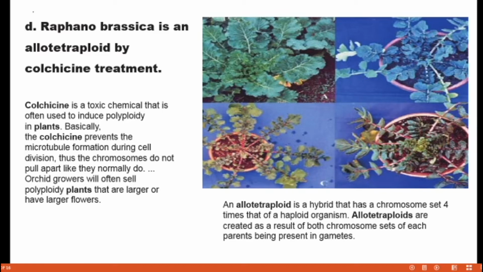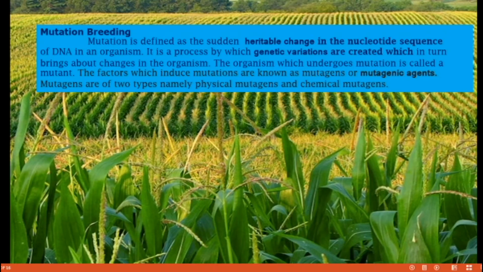So that is one of the ornamental plants. When they use polyploid plants, it looks like a big plant as well as having more flowers. So the customer gets those plants.